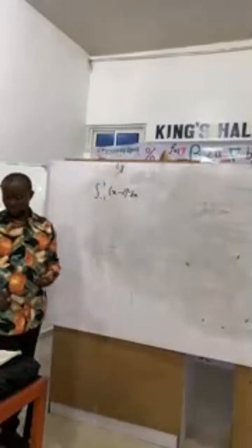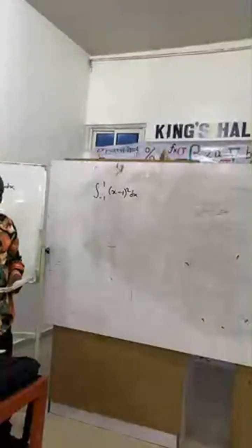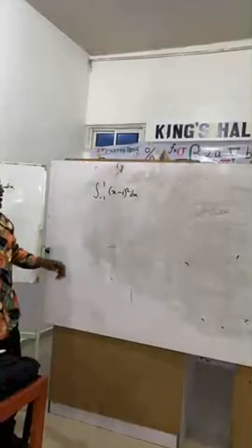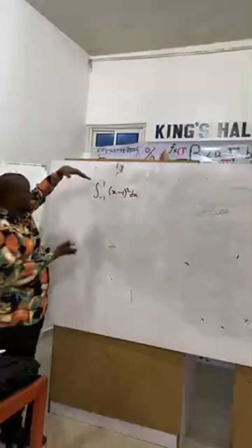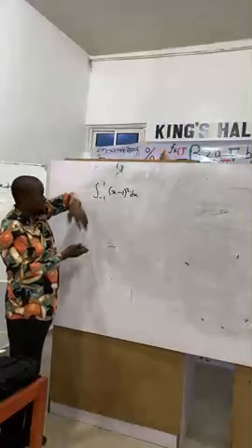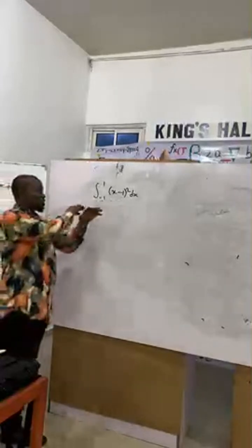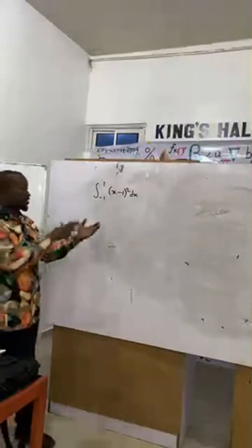Now I give you this question. They say, find this definite integral. It has a region from -1 to 1. We have so many ways of solving it. We can expand this. We can also solve it like this.